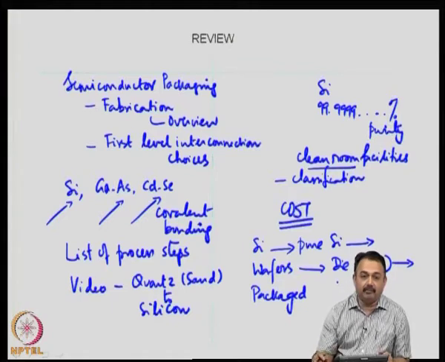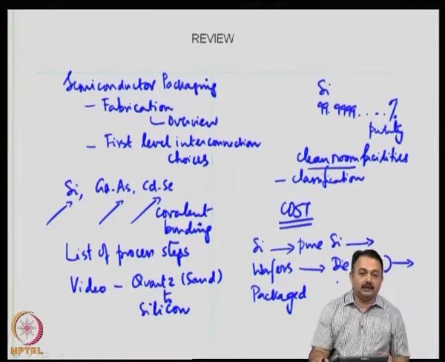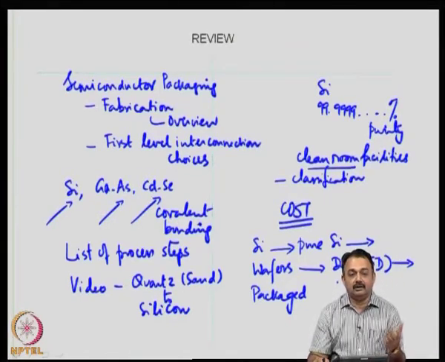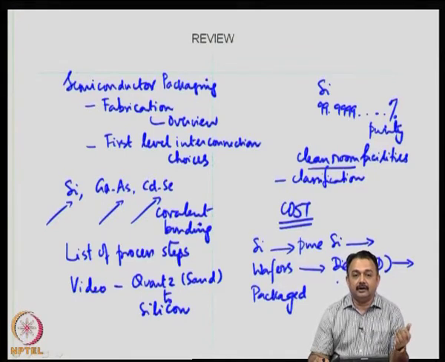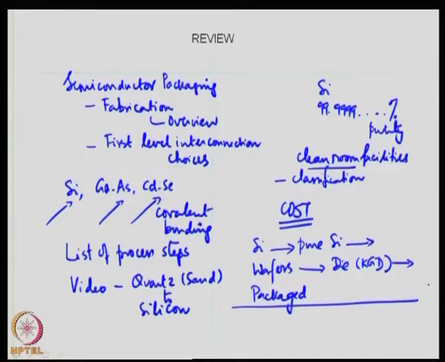So, it can be a package containing an IC which is a microprocessor, a microcontroller, a power device and so on. So, this is the path flow for the semiconductor manufacturing, including packaging.